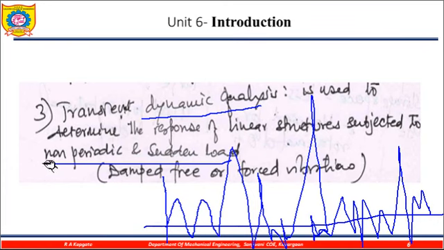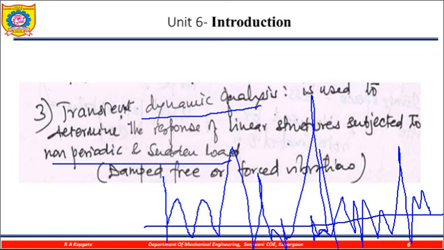So what is that? Non-periodic. It does not show any periodicity, and there are sudden loads. Meaning all of a sudden a large force is applied, or all of a sudden the force is reduced, or the nature of the force is changing. Whenever we do such type of analysis, it is called the transient dynamic analysis.